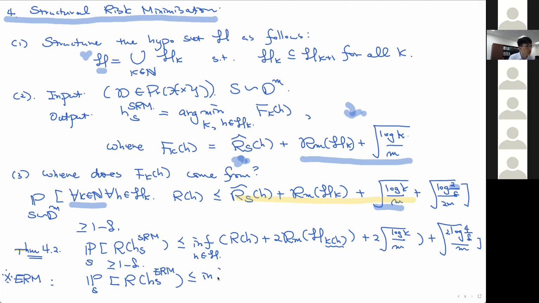So this h is over the entire H. So both the ERM and SRM look very similar. The first part is the same, but here's the difference. There are some differences in this term.